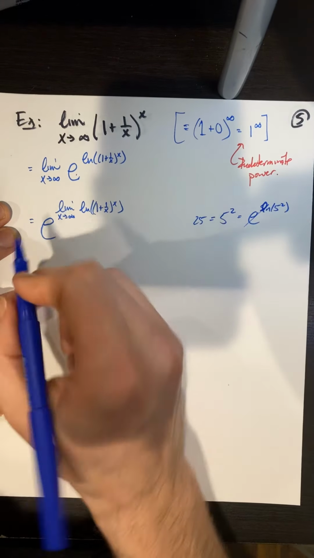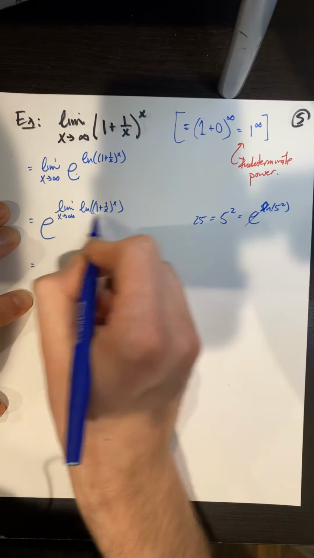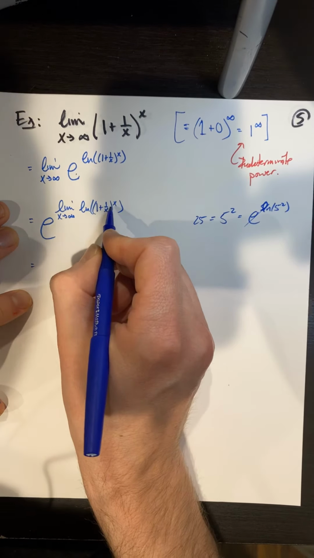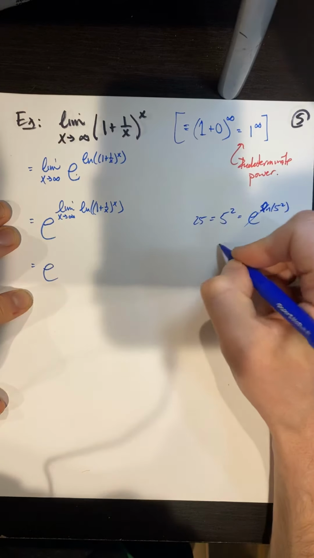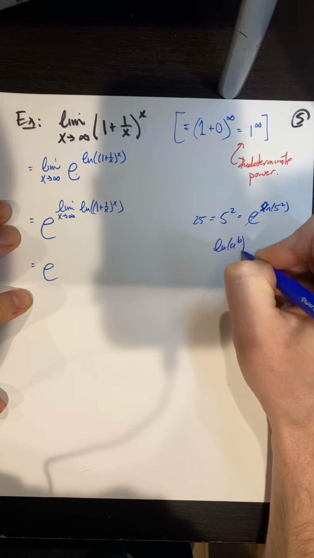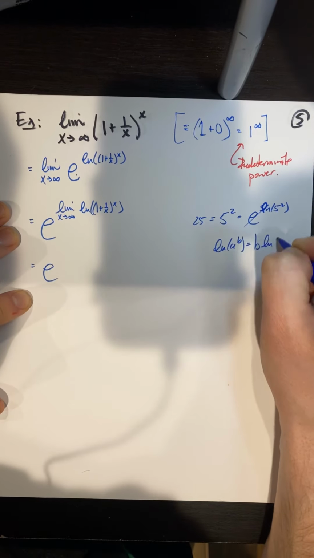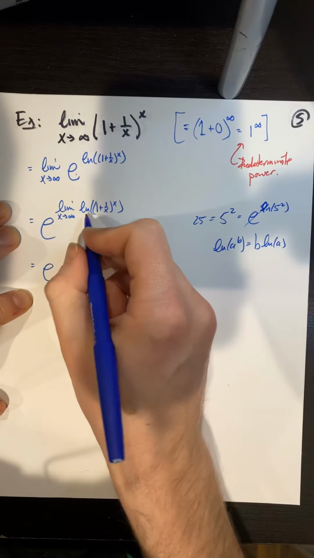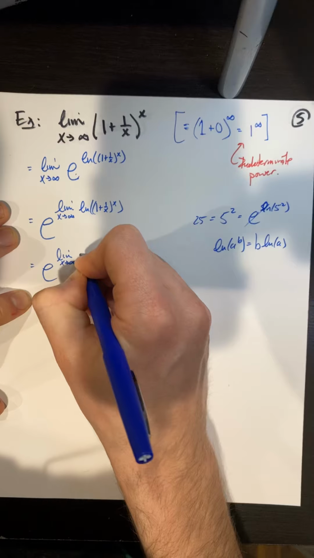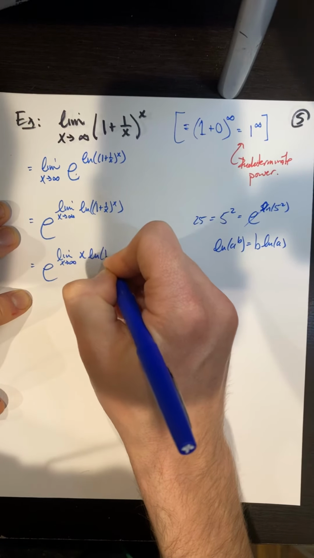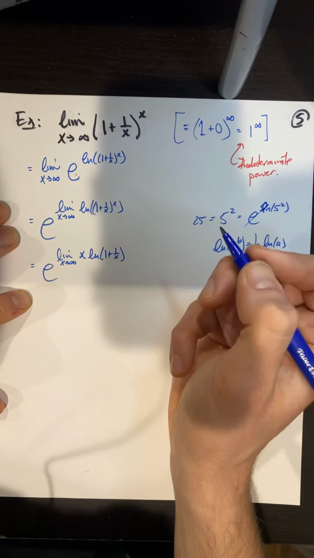Now, finally, what I really need to do is evaluate this limit in the exponent, but I can use a logarithm law and bring this x down in front. That's because ln of a to the b is equal to b ln of a. So that's a logarithm law from pre-calculus. So we have the limit as x goes to infinity of x ln of 1 plus 1 over x.